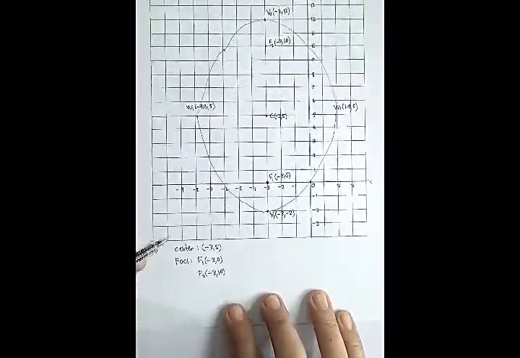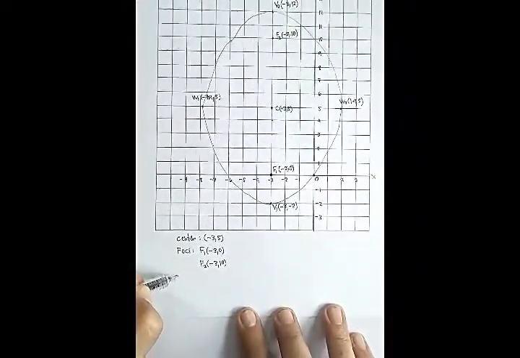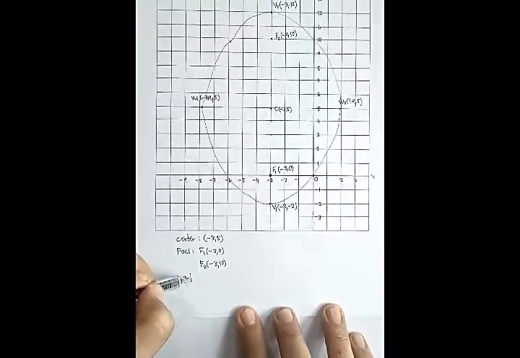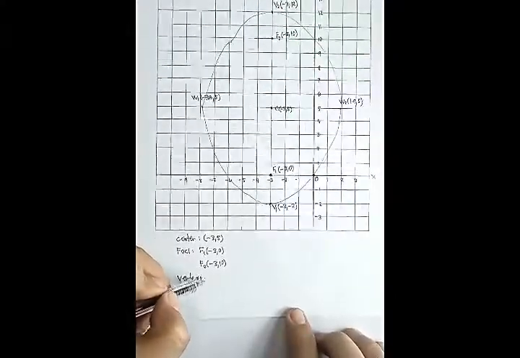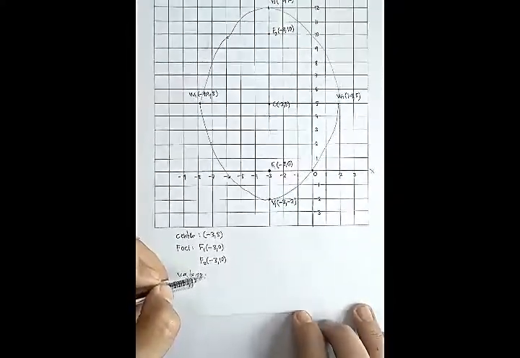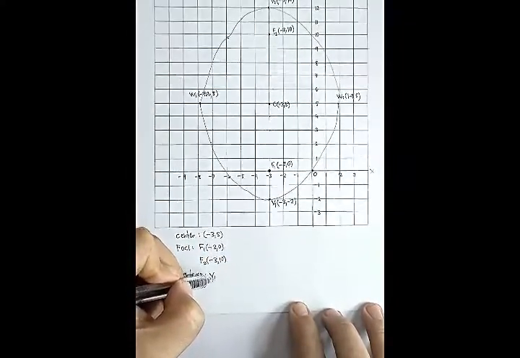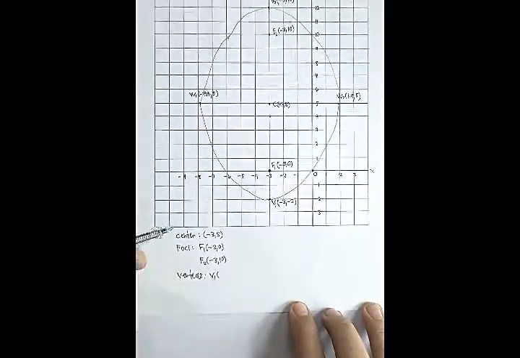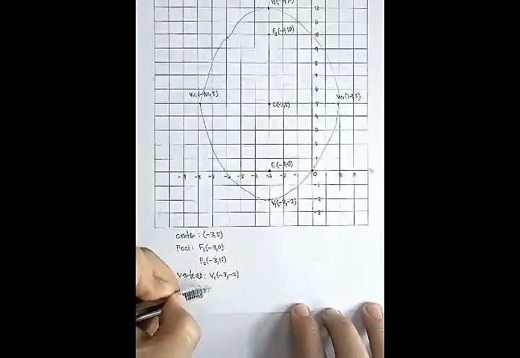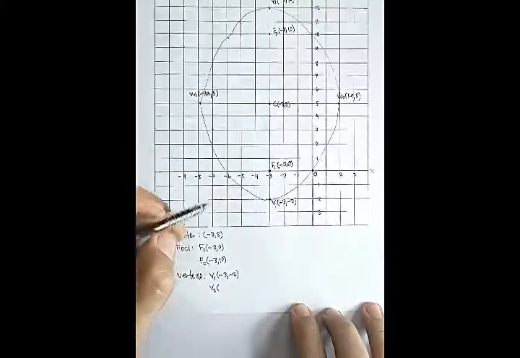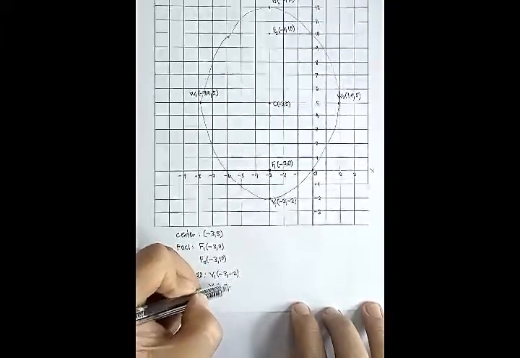And then vertices. Atong V1 is at minus 3, minus 2. Vertex 2, minus 3, 12.